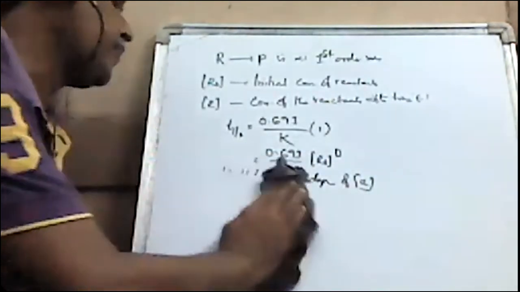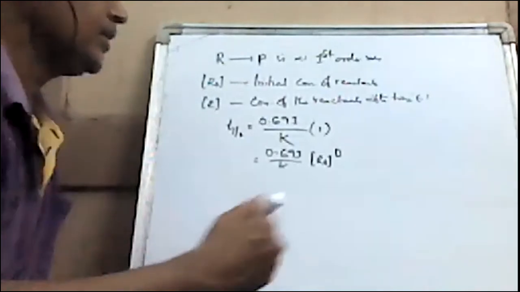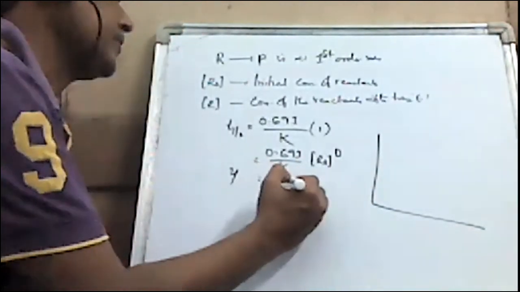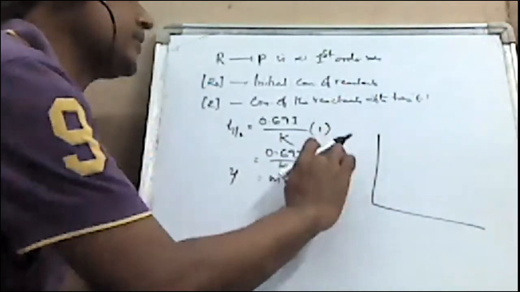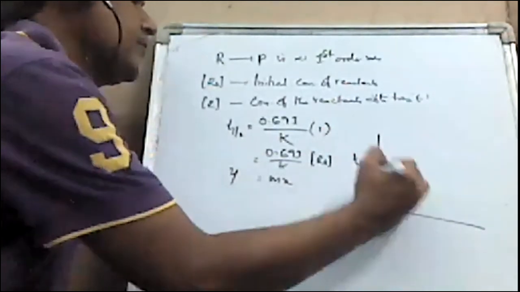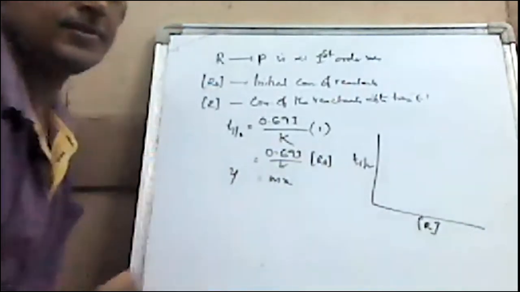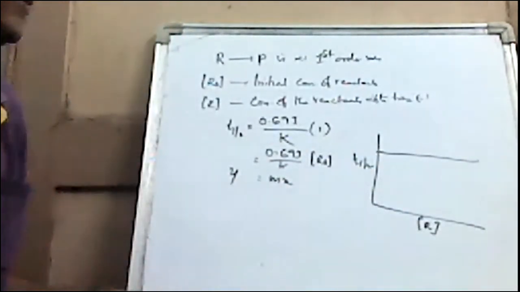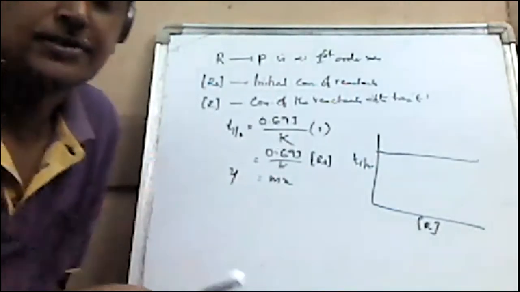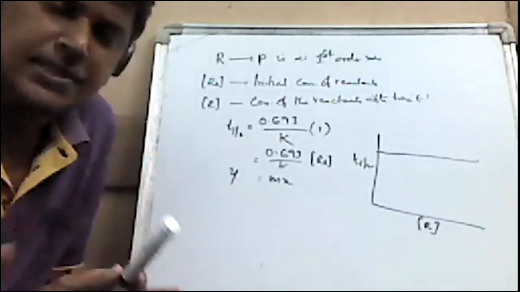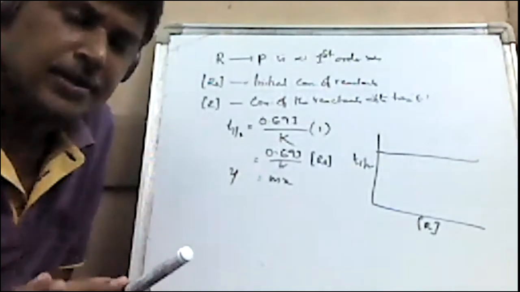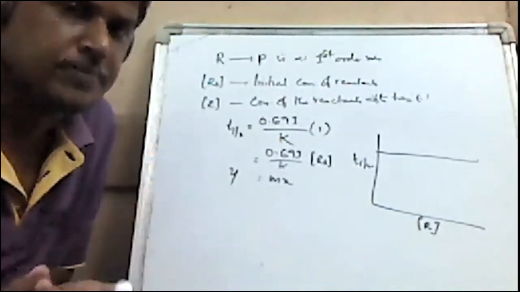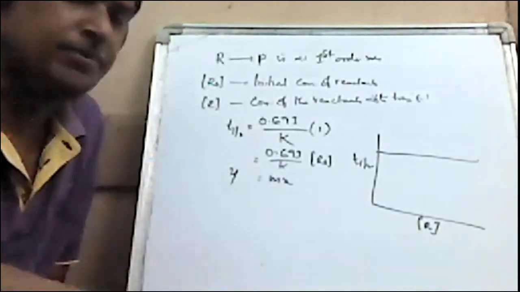That means if I plot half-life versus concentration of reactants, y is equal to mx form, the plot appears like this. This is for first order reactions. Right? So these 6 plots are important from the objective point of view for MSET or FSET or NEET and JEE.